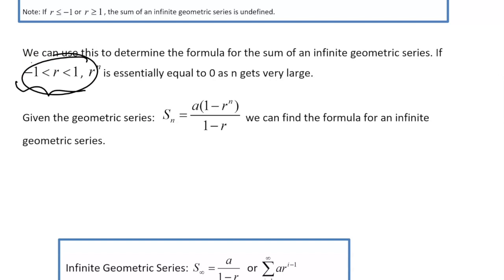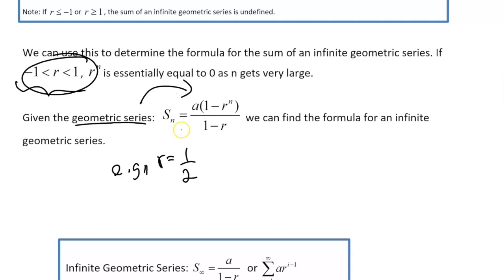So let's take the idea of, for example, having something where our common ratio is 1/2. And if you're going to use your geometric series to be able to find out what would happen for an infinite number of terms, let's think about what that would look like.